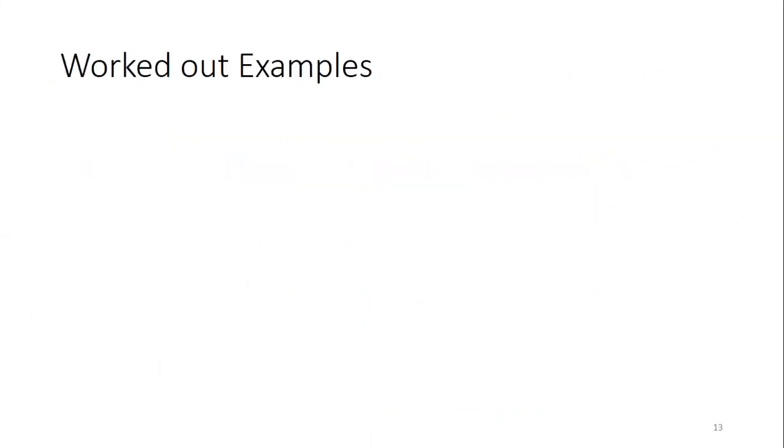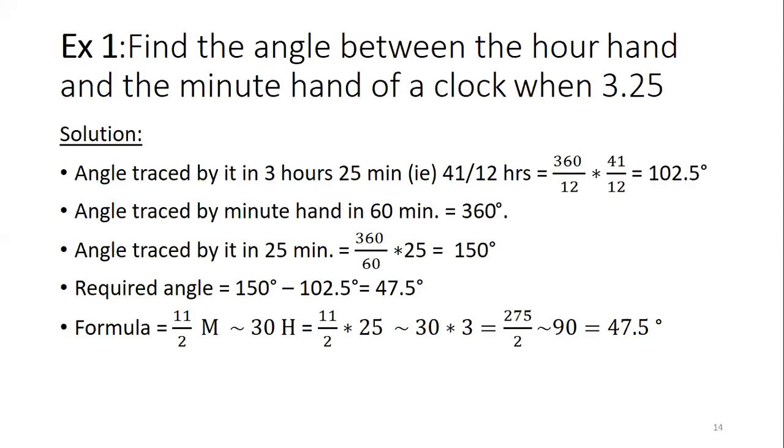Now worked out examples. Find the angle between the hour hand and the minute hand of the clock when the time is 3:25. First we will go by the normal method and then we will use the formula so that you get familiarized with how the formula works.